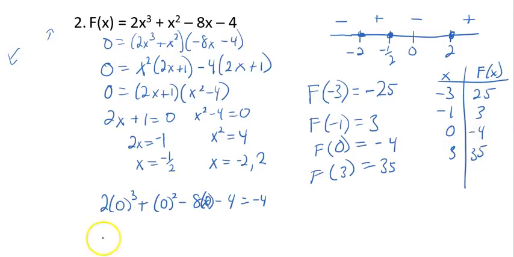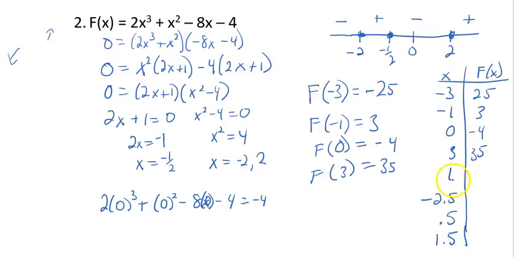And then the next thing is I'm going to add a few more points on. I'm going to add on 1 and maybe -2.5 and 1/2 and 1.5.